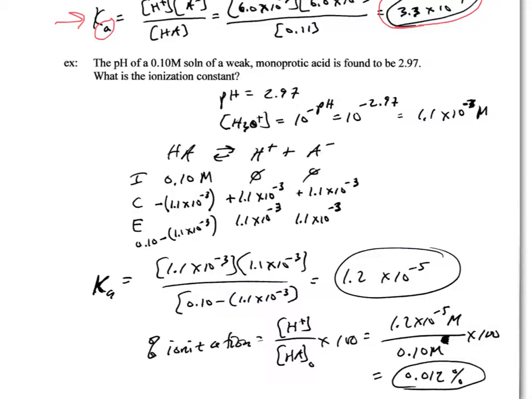So here they're going to say the pH of a solution of an acid, and they gave us the concentration. They're going to tell us what the pH is. See, what they're telling us is, indirectly, what that hydronium ion concentration is at equilibrium. Because if the pH is 2.97, plug it into that expression and you can back it out and get your hydronium.